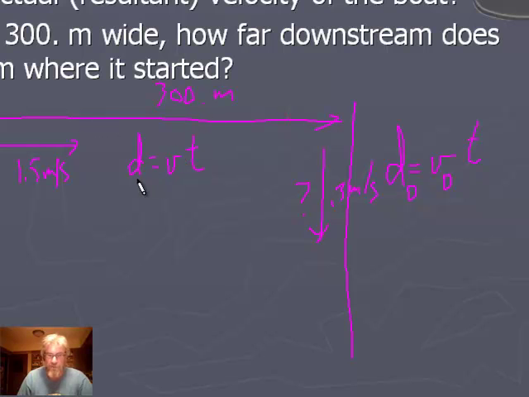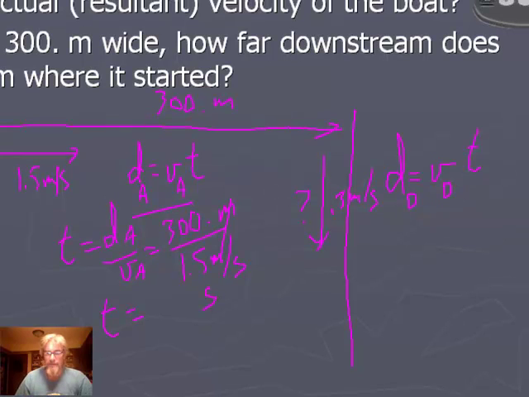So distance across is the speed across times the same time. Well, I'll do a little algebra on this equation, and I find this. Time is equal to distance across divided by the velocity across, which is 300 meters divided by our 1.5 meters per second. The meters cancel out, my unit is going to be seconds, good time unit.